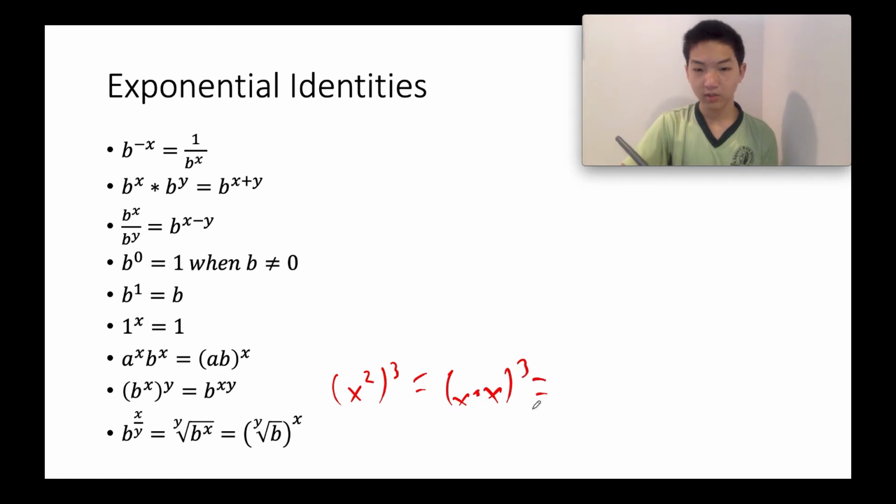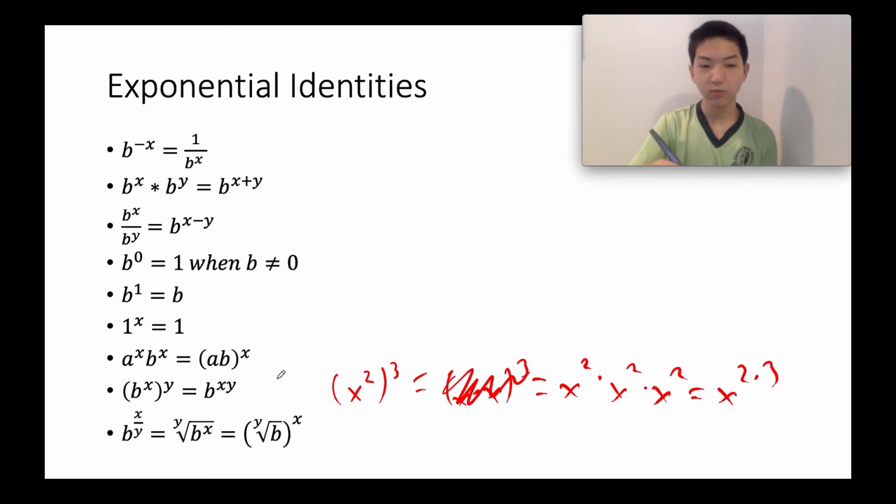Then you could see that you're multiplying this by itself 3 times. Or actually, you don't even need to expand it that way. You can just see that you're multiplying x squared by itself 3 times. So it's x squared times x squared times x squared, which is equal to x to the 2 times 3. So you can see why that works.